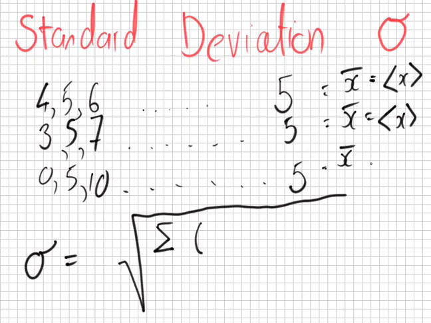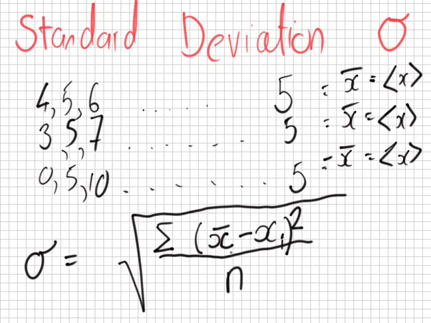So you calculate the average first, and then once you have the average, you take the average away from all your pieces of data. You square that number, add them all up, and divide by the total. I'll give you an example now of how to use this formula.